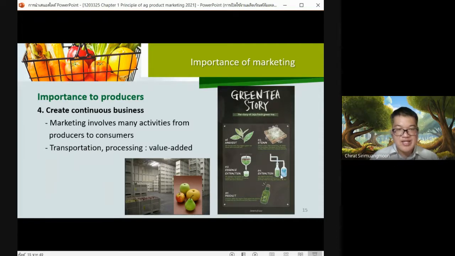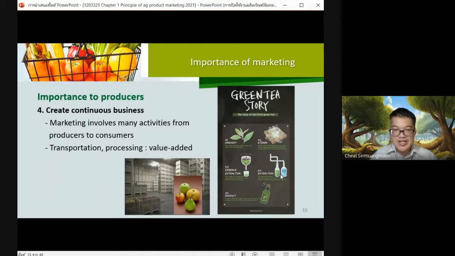The fourth one is creating continuous business. If you listen to what I just explained, marketing gets involved in every step of the process of making new products or new food. In terms of the producer, marketing can create a continuous process because it starts from the farmer or the grower, then they send to the processor, to the distributors, and to the consumer.